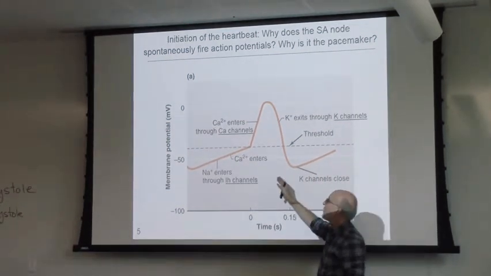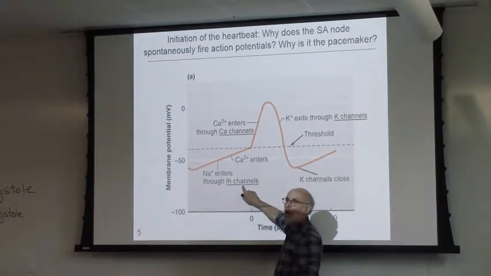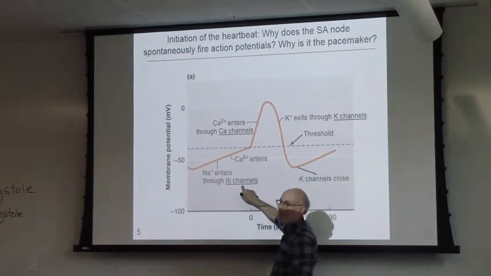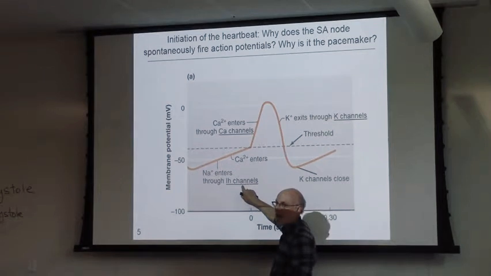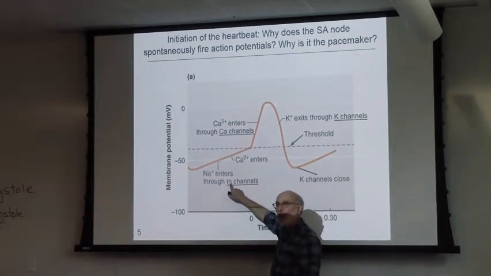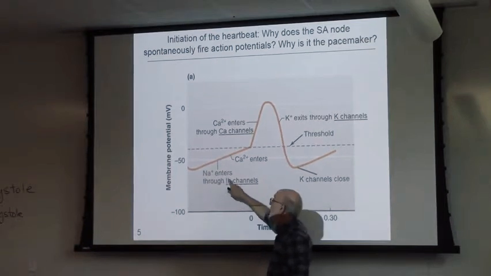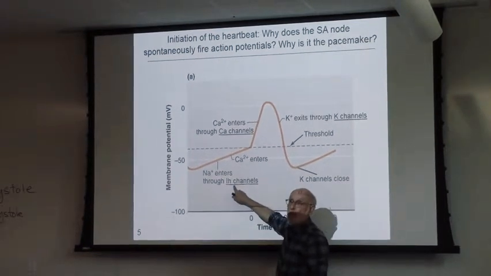Now what happens? There is a type of channel called IH. Your book calls it IF. It's the same thing. IH, the H stands for hyperpolarization. It's a channel that is sodium permeable that is activated by hyperpolarization.